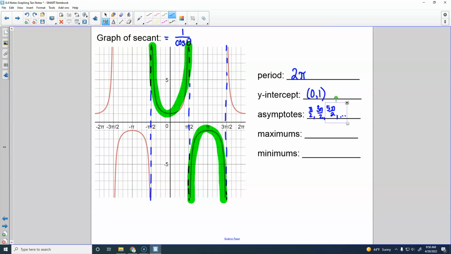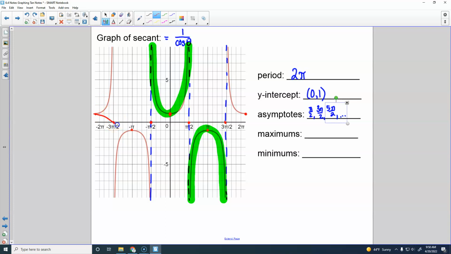But what I do want to show you right here is if I graph cosine, I want you to watch what happens. If I graph cosine at 0, cosine is at a maximum point right there, and it has a value of 1. And then you would go to the midline, minimum, midline, maximum. Same thing over this way. So continue that pattern.